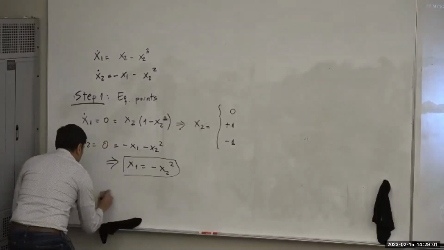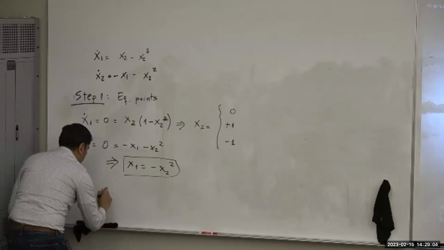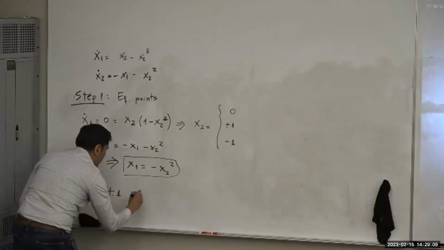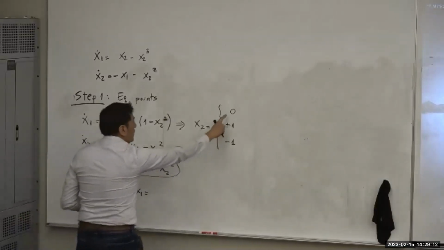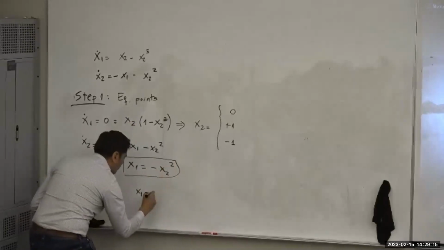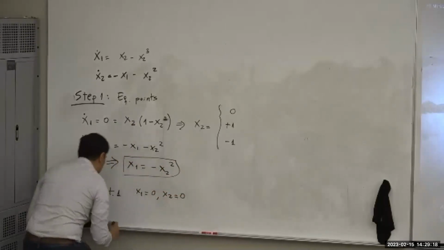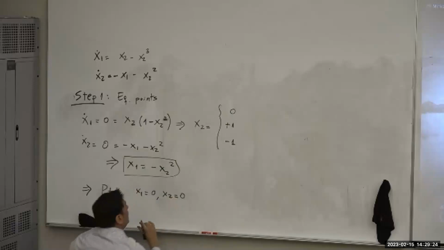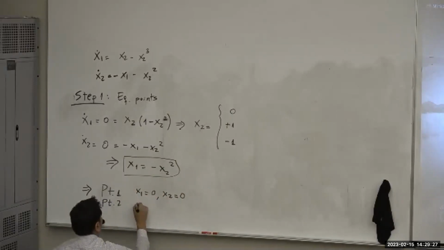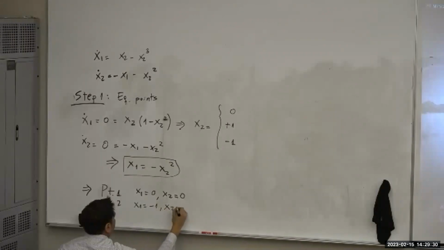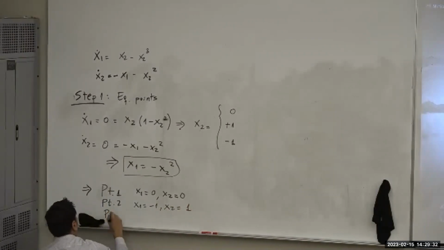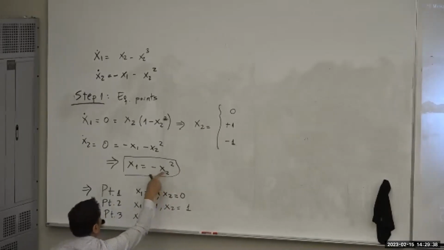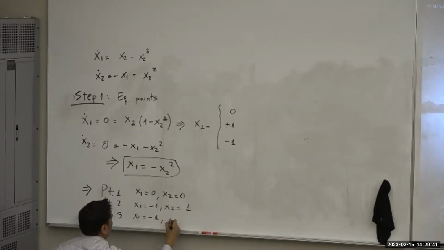Equilibrium point 1: when x2 is 0, then x1 is 0. Second point: x2 is plus 1, then x1 is negative 1. And point 3: x2 is -1, but again x1 is -1 as well.